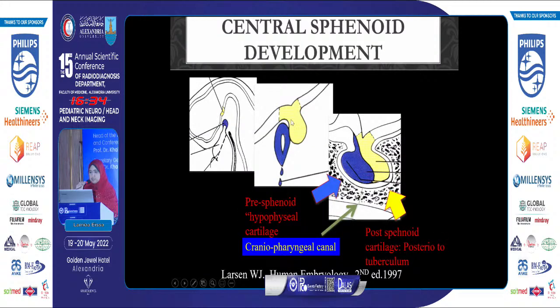The hypophysis is made by the neurohypophysis and adenohypophysis, which fuse: the neurohypophysis coming from the diencephalon and the adenohypophysis coming from the Rathke pouch. The development of the sphenoid bone, the pre- and post-sphenoid, is linked to the fusion of the hypophysis. So the pre-sphenoid, or hypophyseal cartilage, is anterior to the tuberculum sella, and the post-sphenoid cartilage is posterior to it.